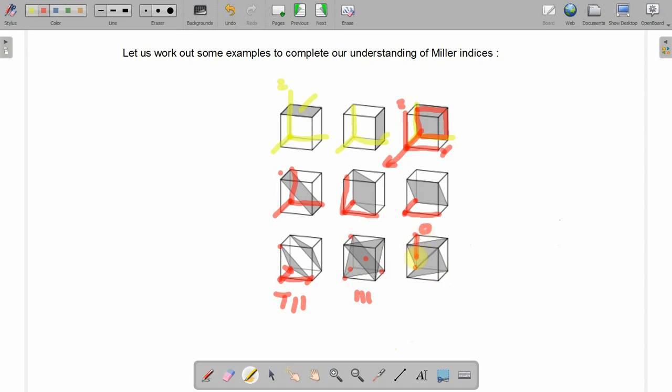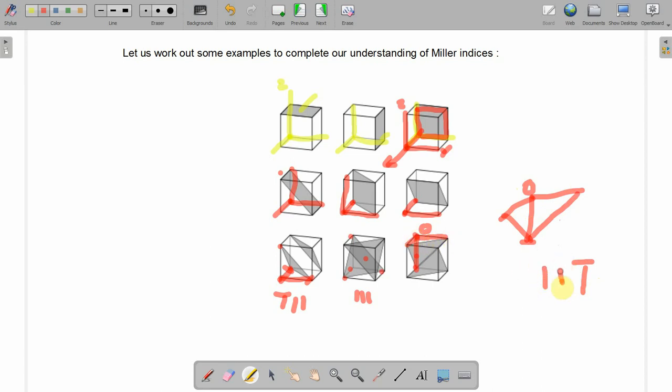Now, this is negative z, this is positive y, this is positive x. So, the coordinate system is now like this, with origin here. The plane is like this. So, the plane is intercepting z axis at -1. So, the last z coordinate is 1 bar, it is cutting x at 1 and y at 1.